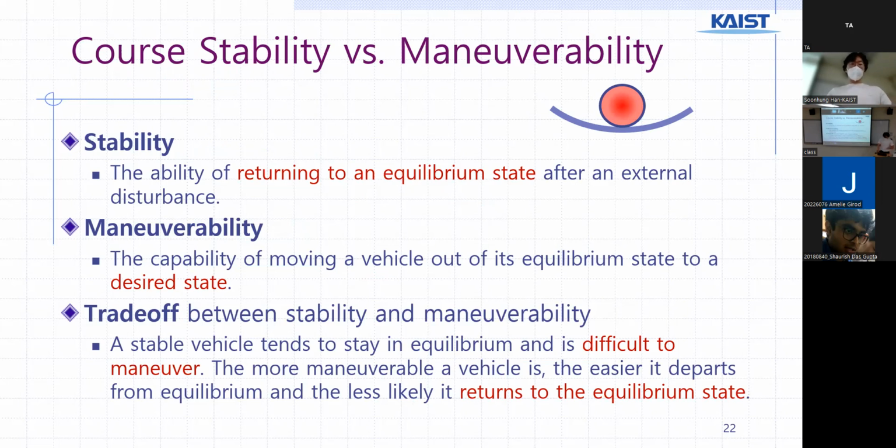So you need to have a trade-off between those two. A stable vehicle tends to just stay in equilibrium and it's difficult to maneuver. But if the ship is more maneuverable, it's less stable, so you need to find a way to have good stability and maneuverability as well.